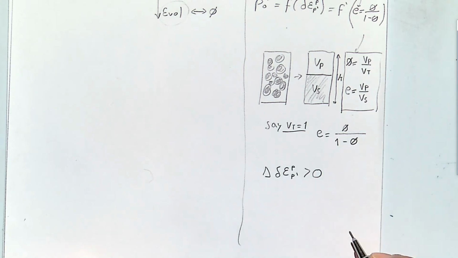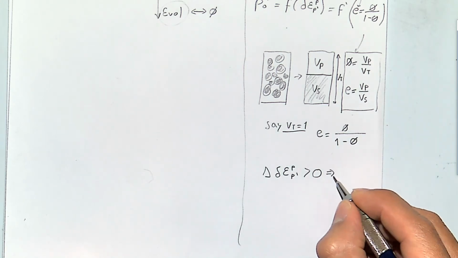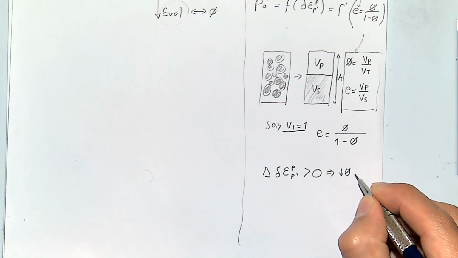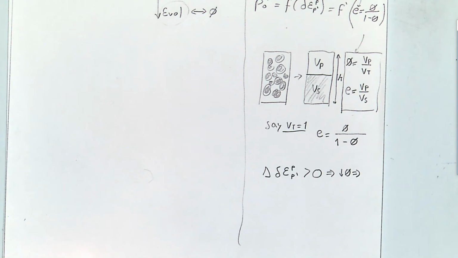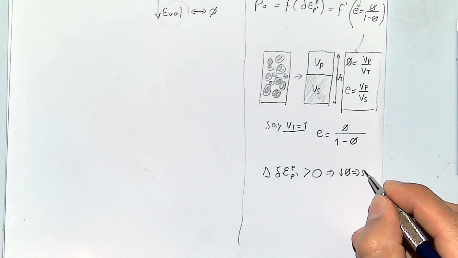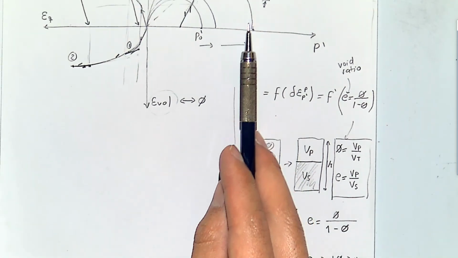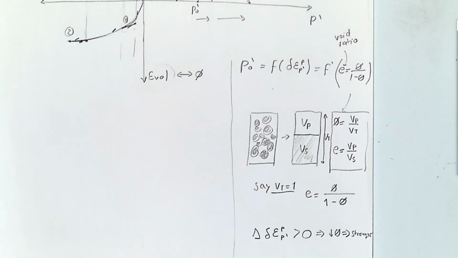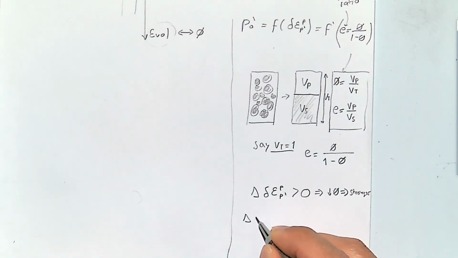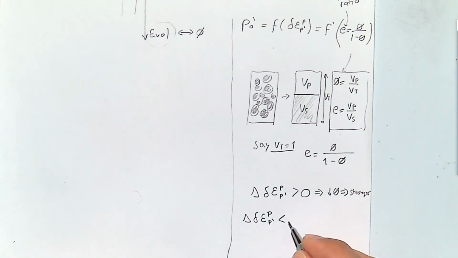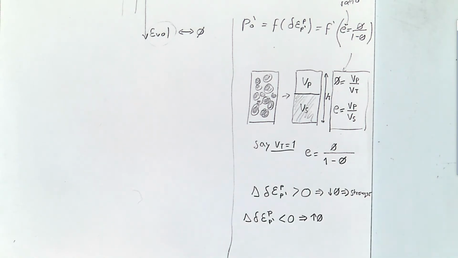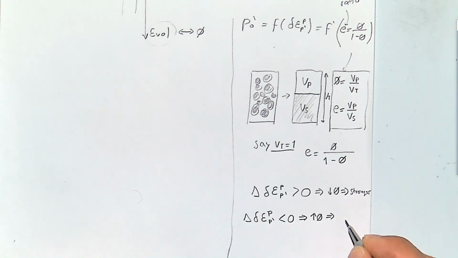And if we have a compaction, that would mean that we would like to model a stronger material, or an ellipse size which increases. On the other hand, if we have a plastic strain on the isotropic component which is negative, that would mean an increase of porosity. And if we have an increase of porosity, we would like to have a weaker material.